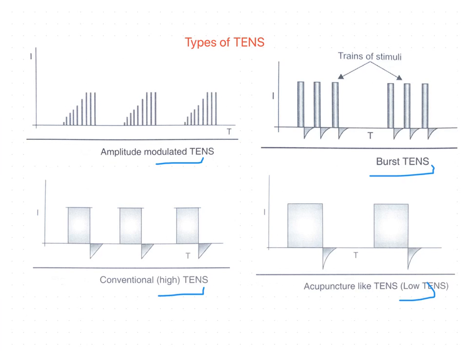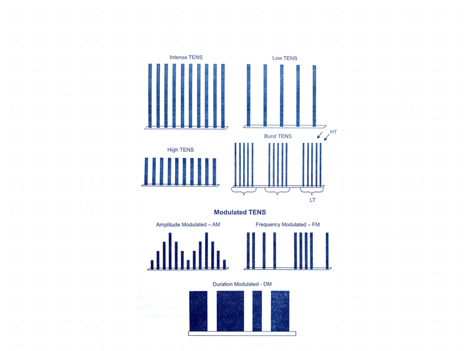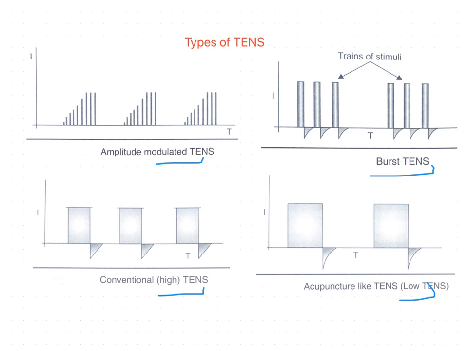Another type of TENS here is the intense TENS, also called brief intense TENS. Now we will see one by one. The first one is the high TENS, also called conventional TENS. These are the types or modes in TENS.